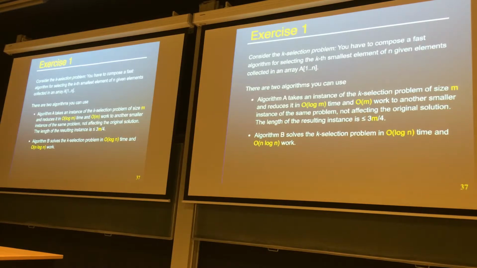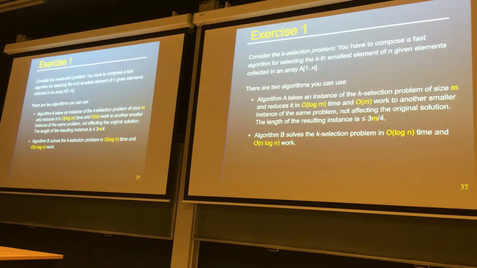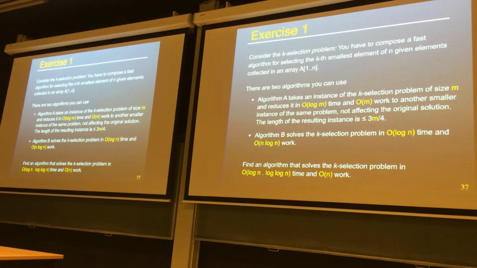There is another algorithm B, and that solves the k selection problem in O(log n) time and O(n log n) work. And now, by using some technique you should be familiar with, you should find an algorithm that solves the k selection problem by combining these two algorithms and giving you an algorithm that uses less work and slightly more time.